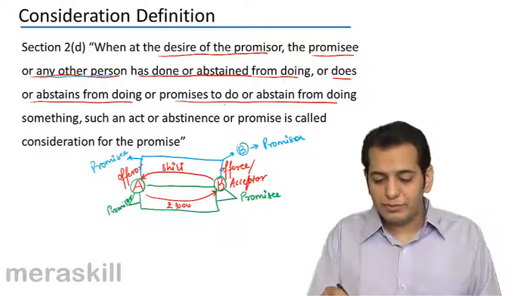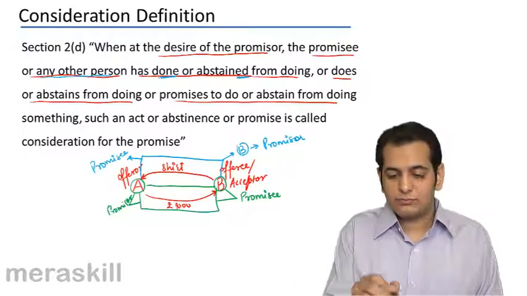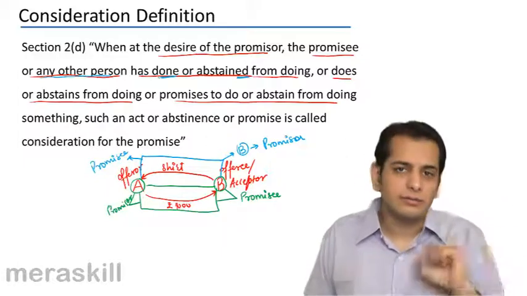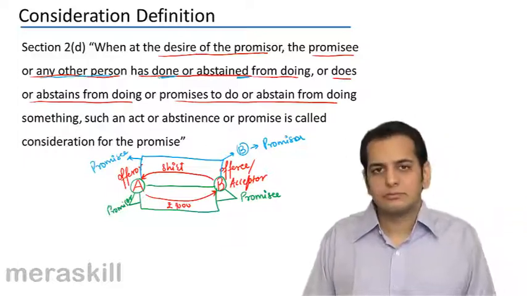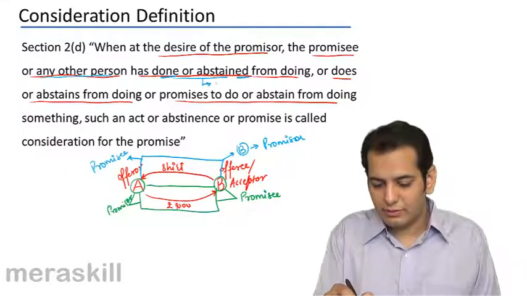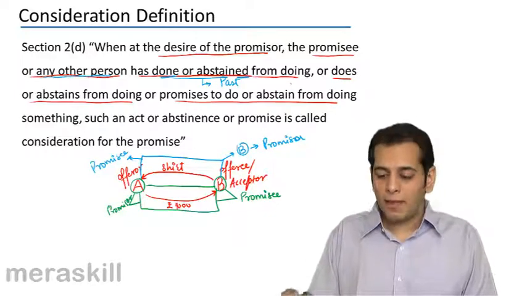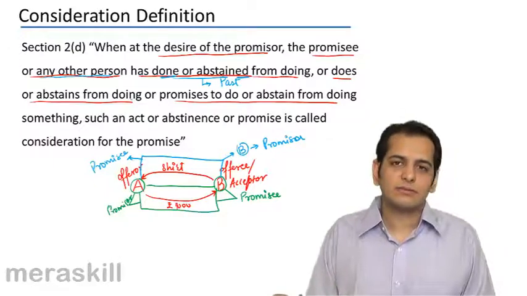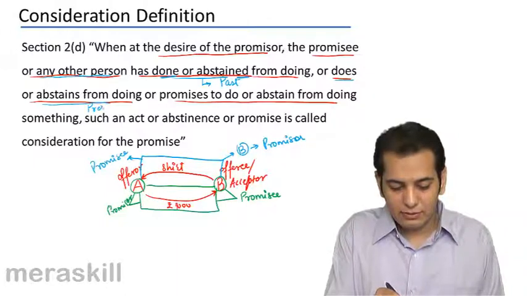Again, in this phrase you can see the tense. Has done something or abstained. Done and abstained. Past tense is used. Again, if you read ahead, does or abstains. Here you can see present tense has been used.